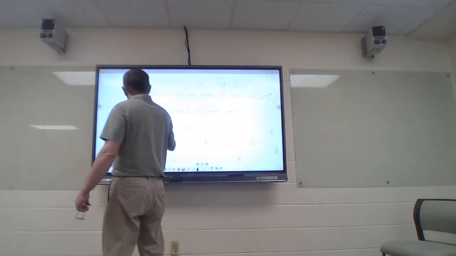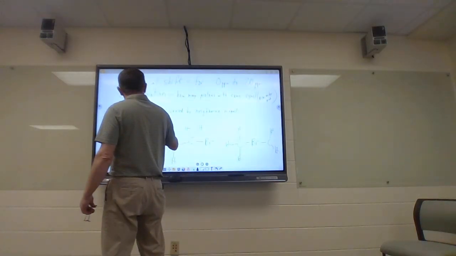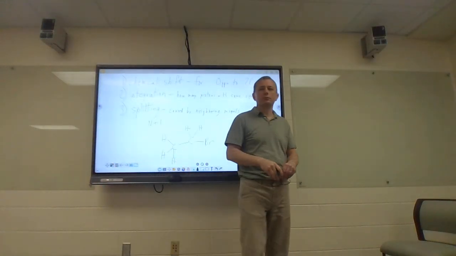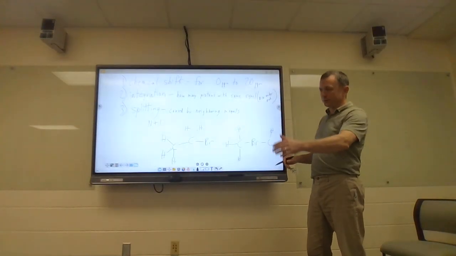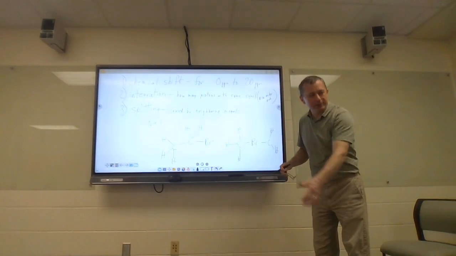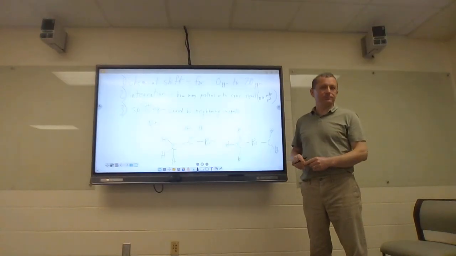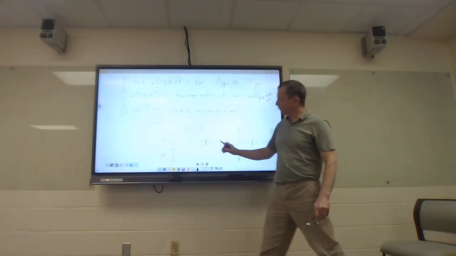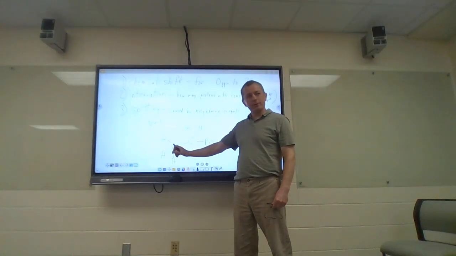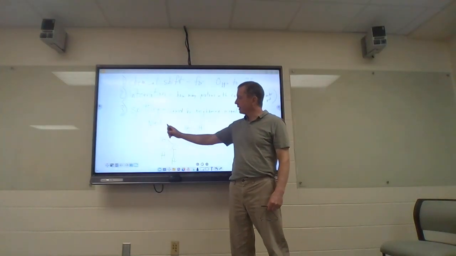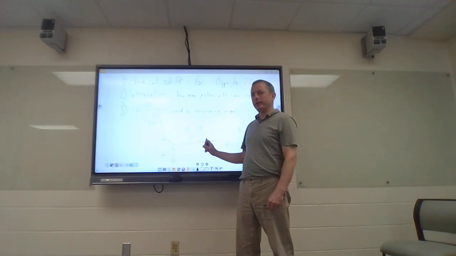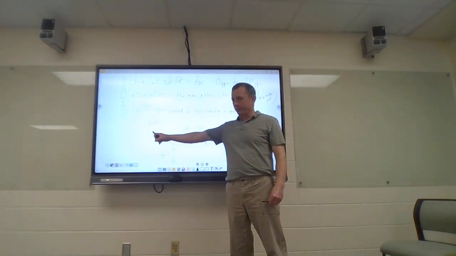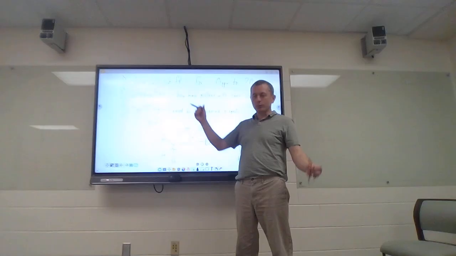Splitting, first order, goes by an n plus 1 rule, where n is the number of neighboring nuclei on the adjacent carbon. So next carbon over has 3 hydrogens, n is 3. That means these 2 hydrogens will be split into 3 plus 1, 4 peaks.